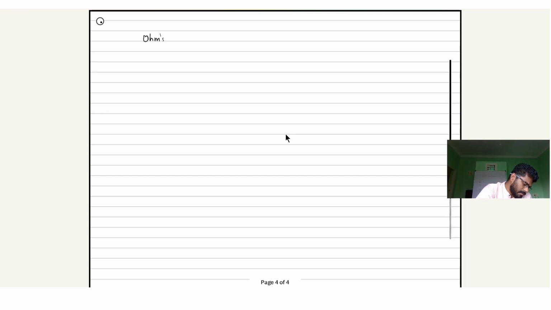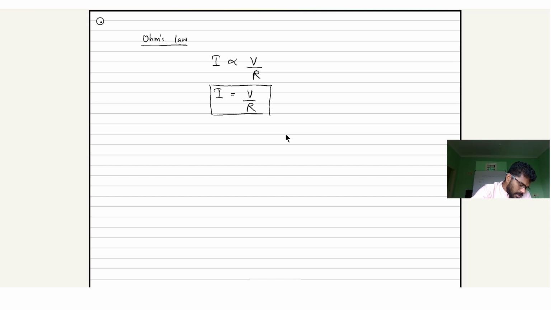Ohm's law states that the current flowing through a conductor is directly proportional to the potential difference across the conductor and inversely proportional to the resistance of the conductor. Now I can remove the proportionality sign and assume the proportionality constant to be 1. So I get I is equal to V by R. This is my Ohm's law.